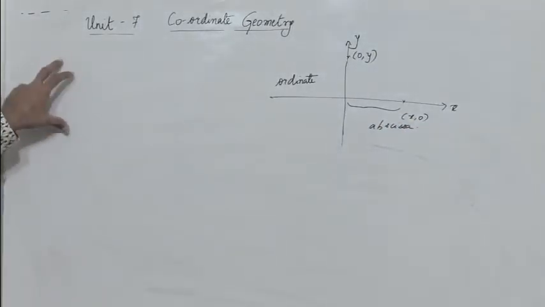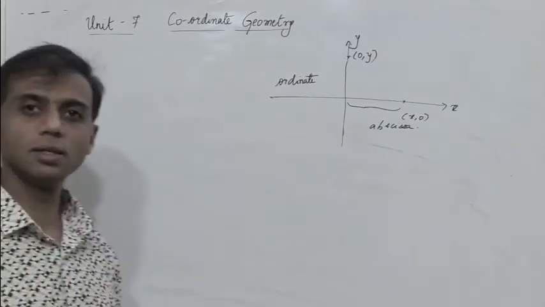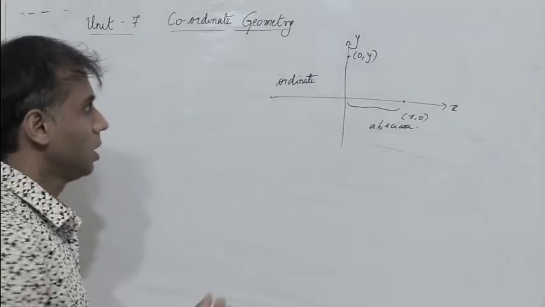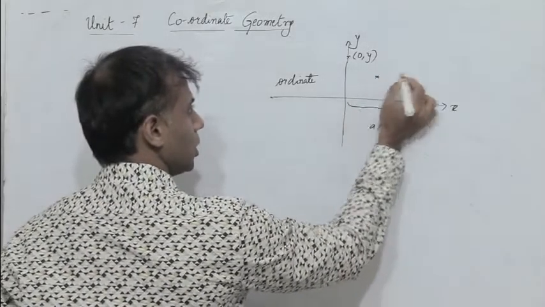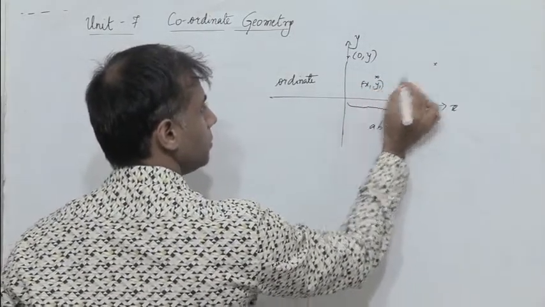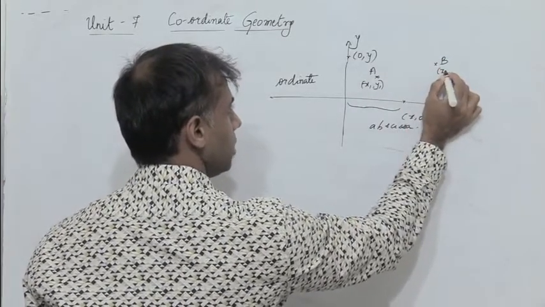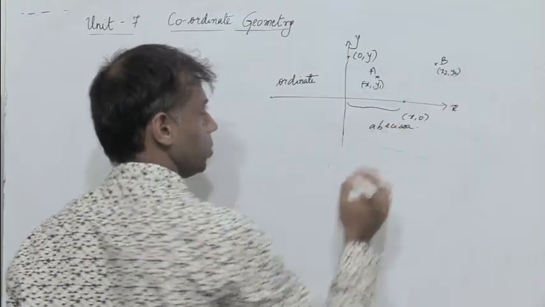Now in the first part of this unit, we would need to find the distance between 2 points. Let me consider point A with coordinates x1, y1, and another point B with coordinates x2, y2.